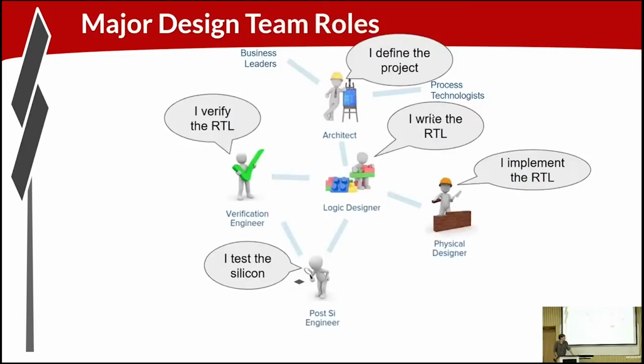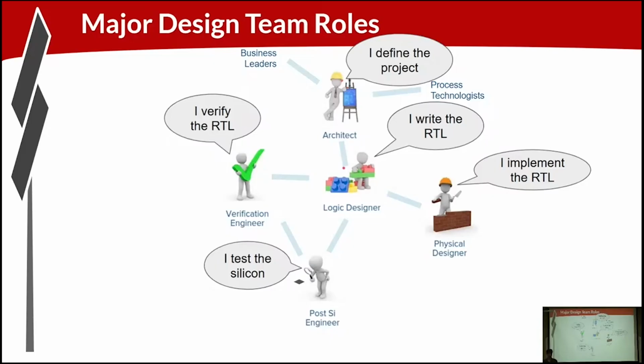All right, so let's look at design teams. So various roles on a design team, right? When you're starting off a new project, that project is defined by the business leaders. They work with architects who define the design at a high level.